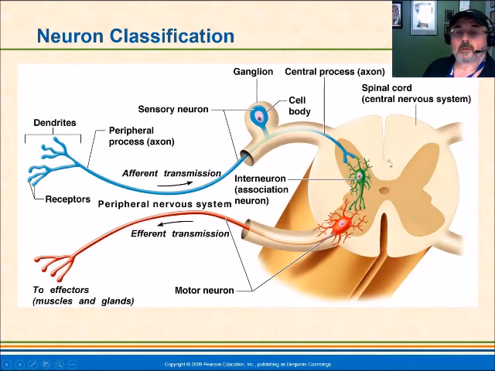The white matter in the spinal cord, those are myelinated axons, which carry information to or from the nervous system.